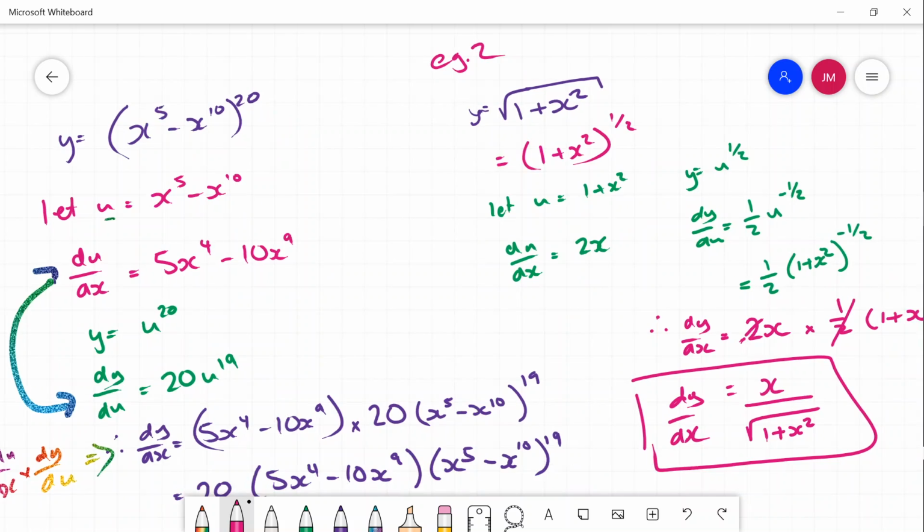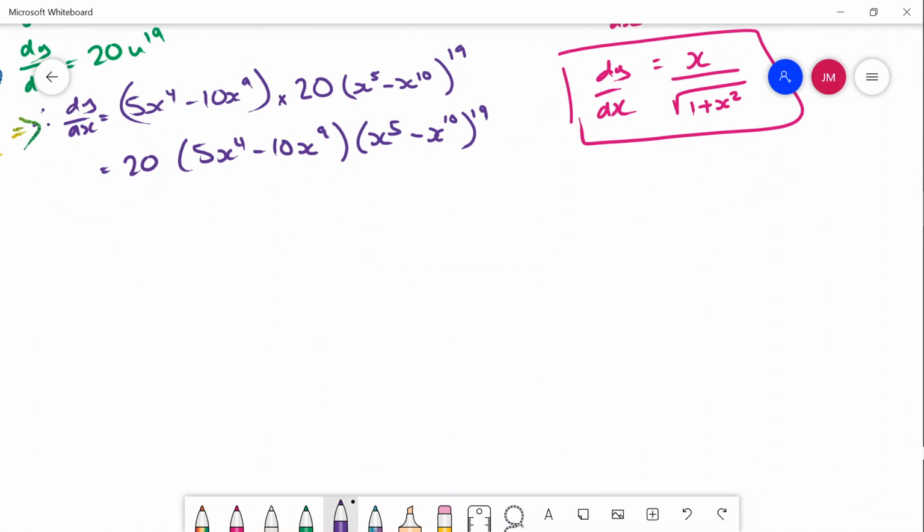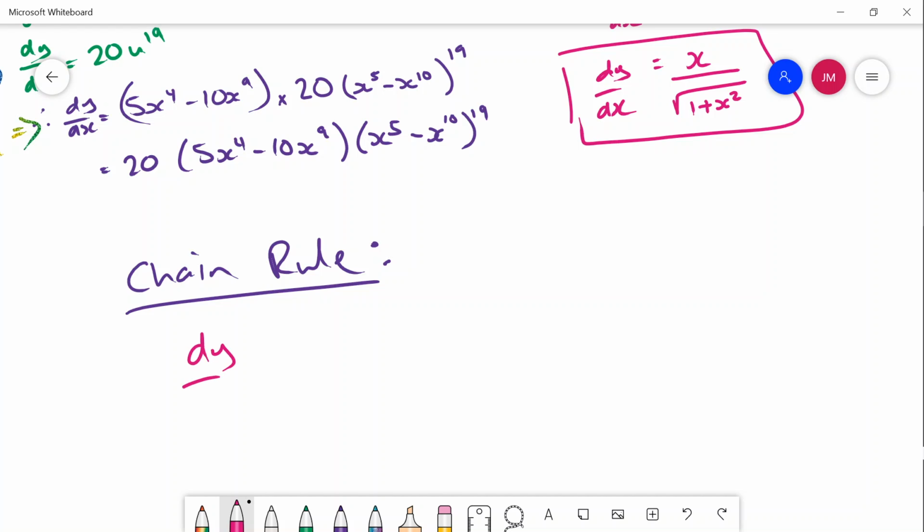You might also see it written in function notation, and it'll look a little bit different. So this is your chain rule formula. You'll have what we've just covered, dy/dx is equal to dy/du times du/dx.